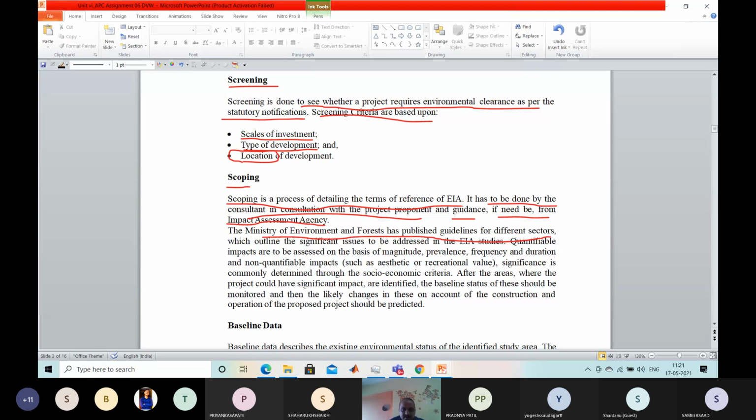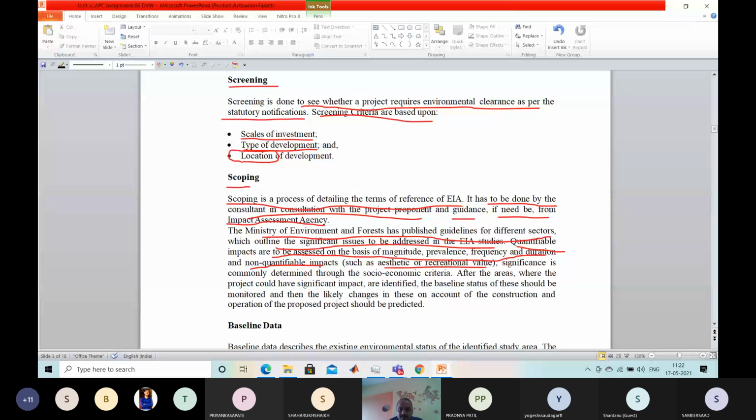The quantifiable impacts are to be assessed on the basis of magnitude, prevalence, frequency, duration, and non-quantifiable impacts, such as aesthetic and recreation. Some are measurable, some are not measurable. That impact also you have to consider: what is the effect, what is the frequency, what is the duration, at what magnitude that impact is going to be generated.